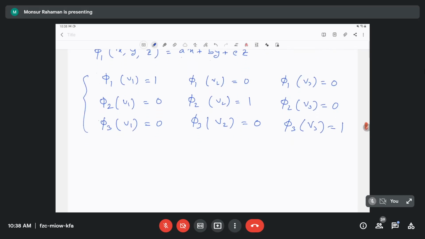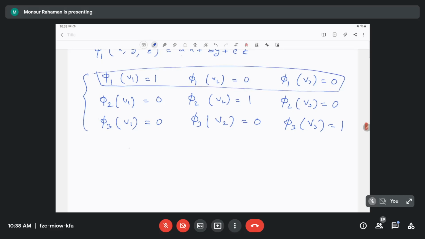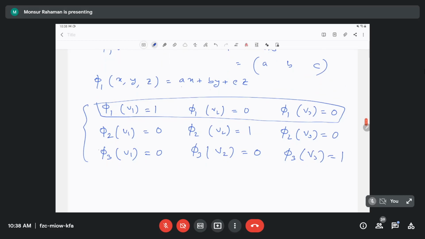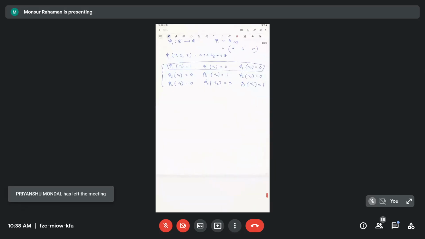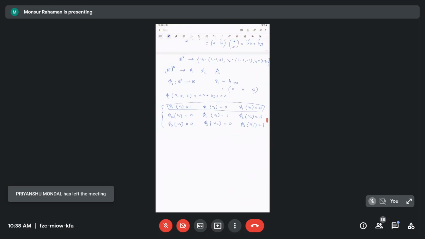For phi 1, you need to use these, because V1 is given. So V1 is this one. So phi 1 of (x, y, z) is equal to ax plus by plus cz.